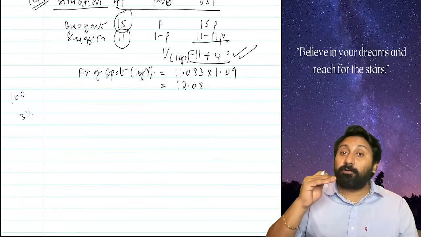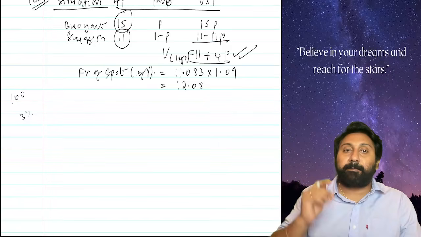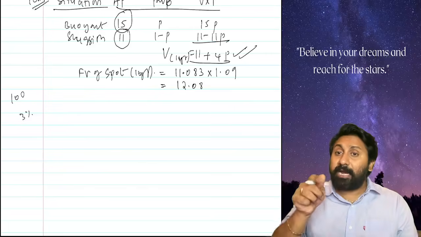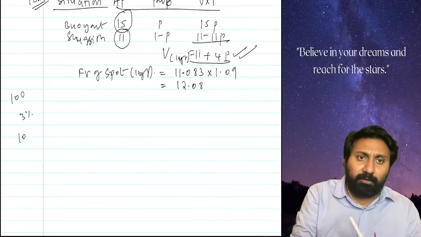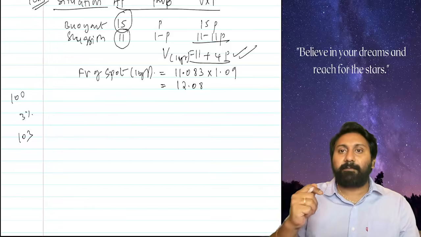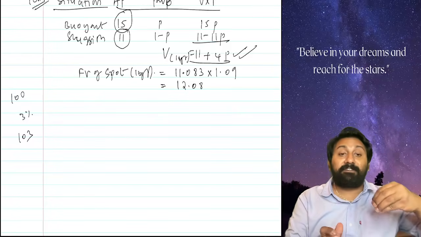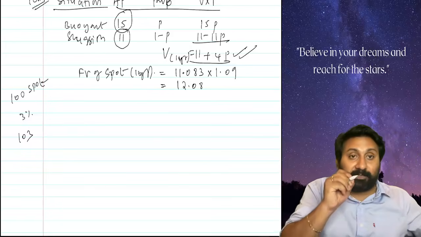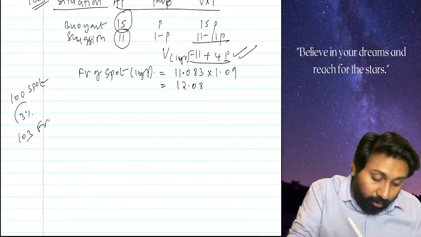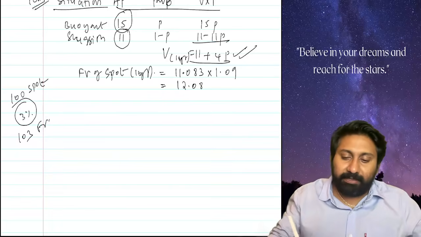How much should the share price be after 1 year to get the 3% return? Obviously 103. If I get 103, then 103 minus 100 divided by 100 gives 3% return. That means a person who invested 100 at spot should get a future value of 103 to get a return of 3%. Clear?